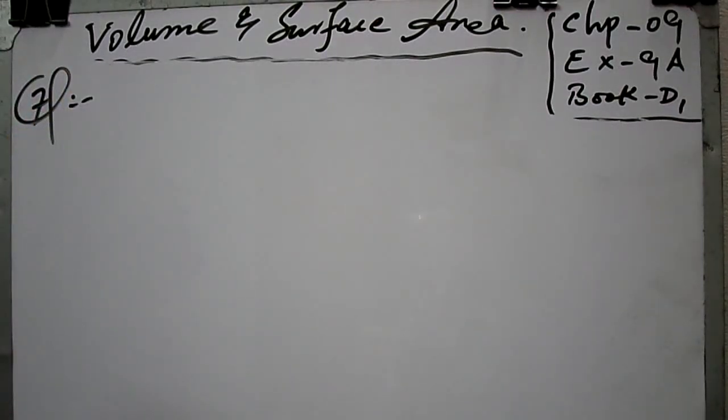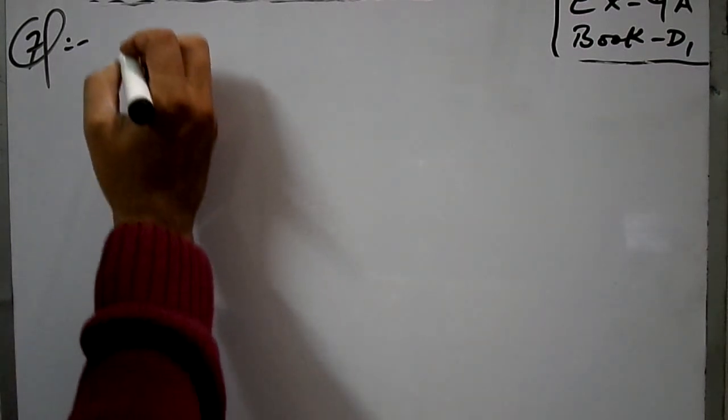If you read the statement, a rectangular water tank of length 60 centimeter, width 40 centimeter, contains water to depth 30 centimeter. A piece of ice 20 centimeter by 15 centimeter by 12 centimeter is put into the tank of water. Calculate the new depth of water when the ice melts completely, assuming its volume decreases by 1 by 10. So we have to find the new depth.